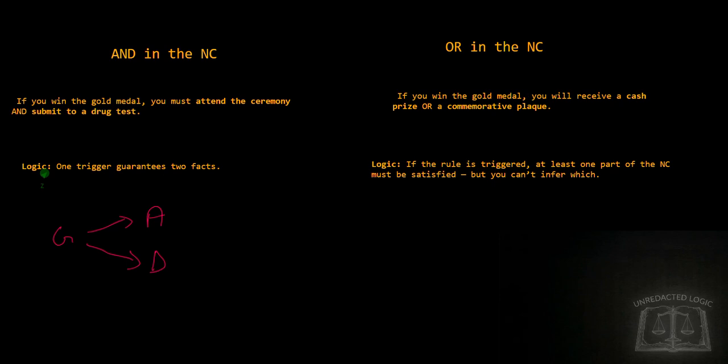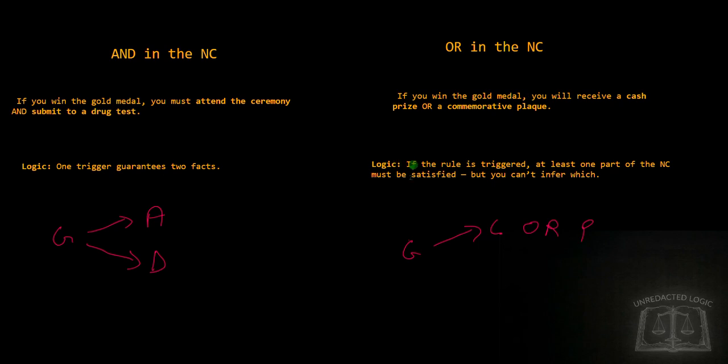Okay. On the right side, we have an or in the necessary condition. If you win the gold medal, you will receive a cash prize or a commemorative plaque. So G, C, or P. Okay.